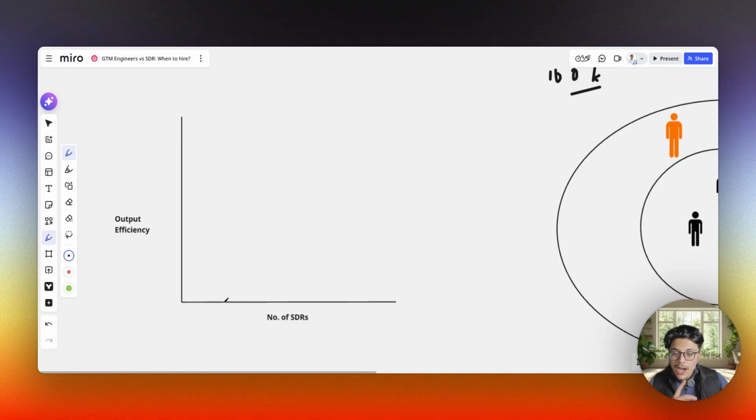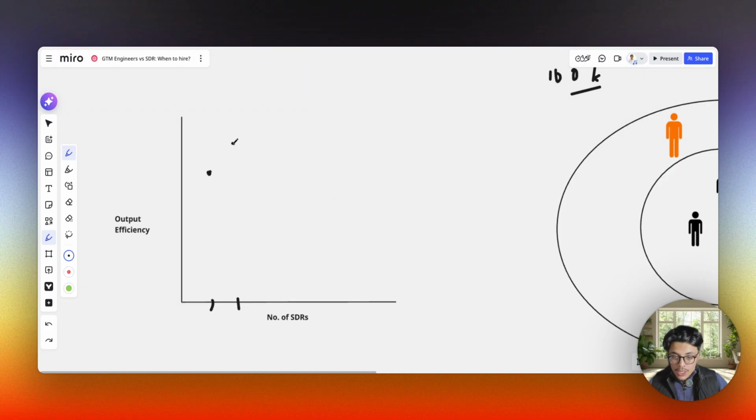Let's say when you hire your first SDR, you receive good output, and the output is here. When you start hiring more SDRs, people think the output is going to look like this and they are going to have exponential growth, but that's not the case. What happens most of the time is it just fluctuates.